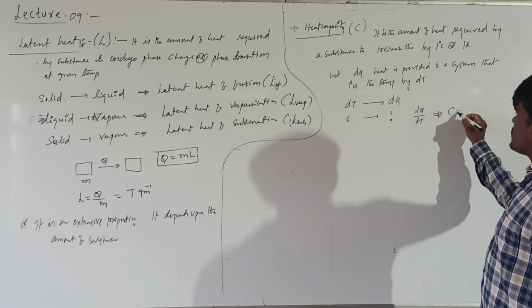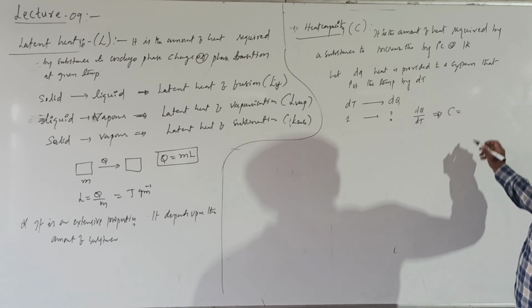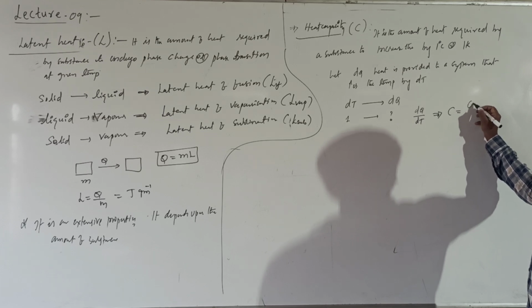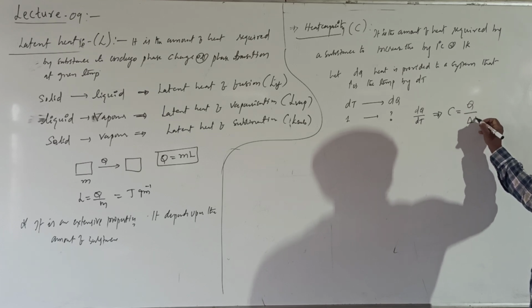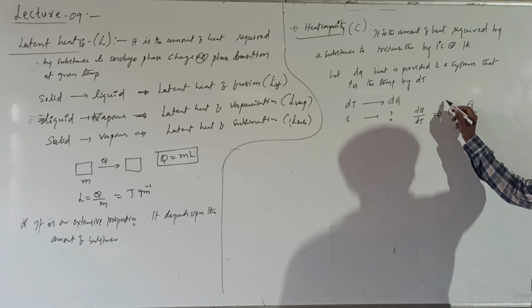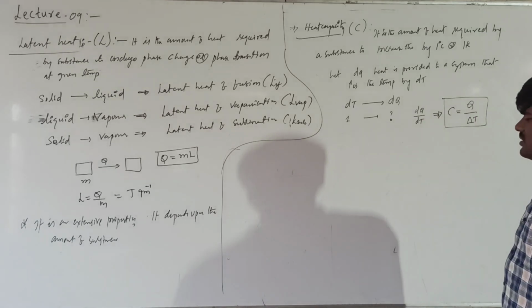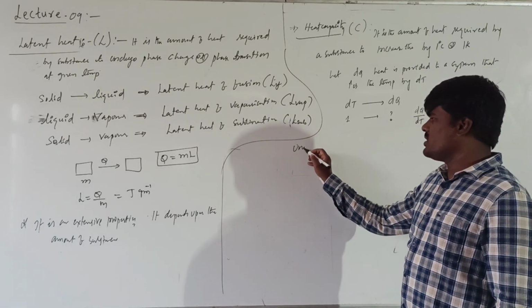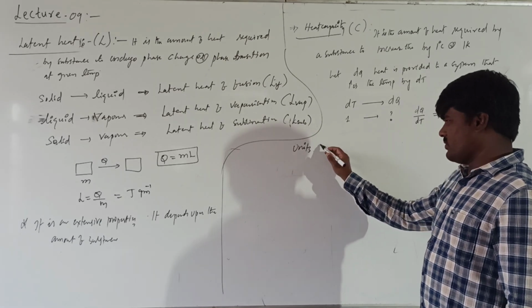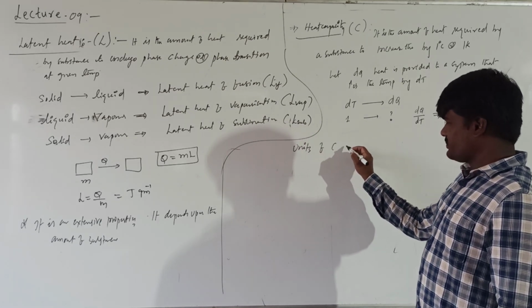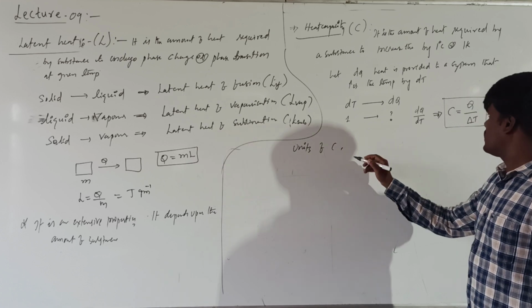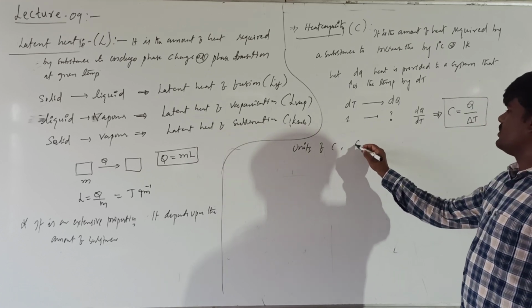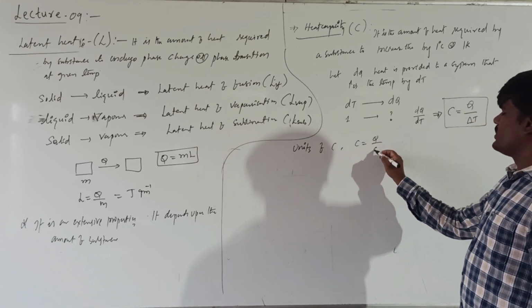This is the expression for heat capacity. Heat capacity is denoted with capital C. It is basically given by Q by delta T. Now, if you are talking about the units of C, C is equal to Q by dT.